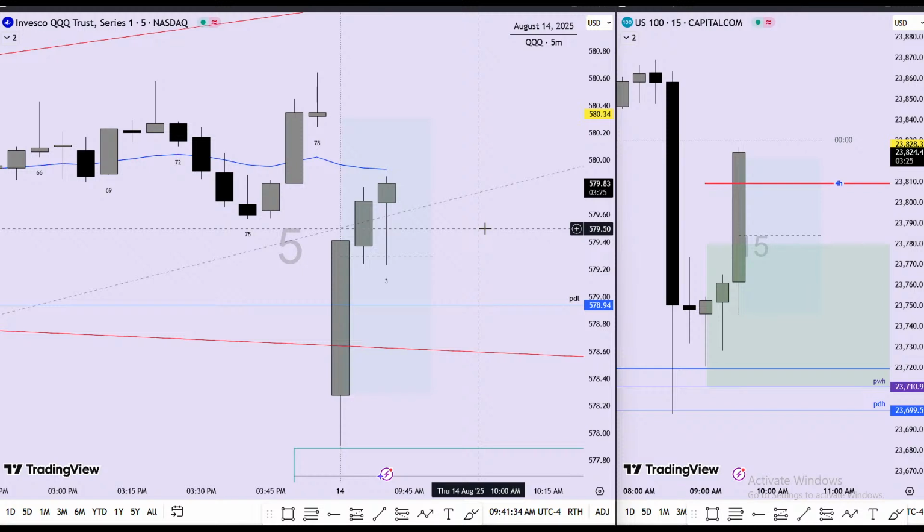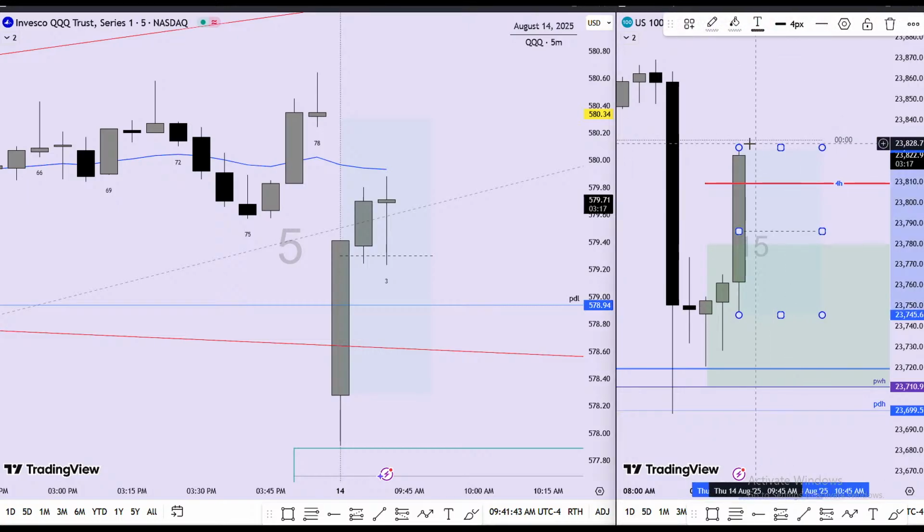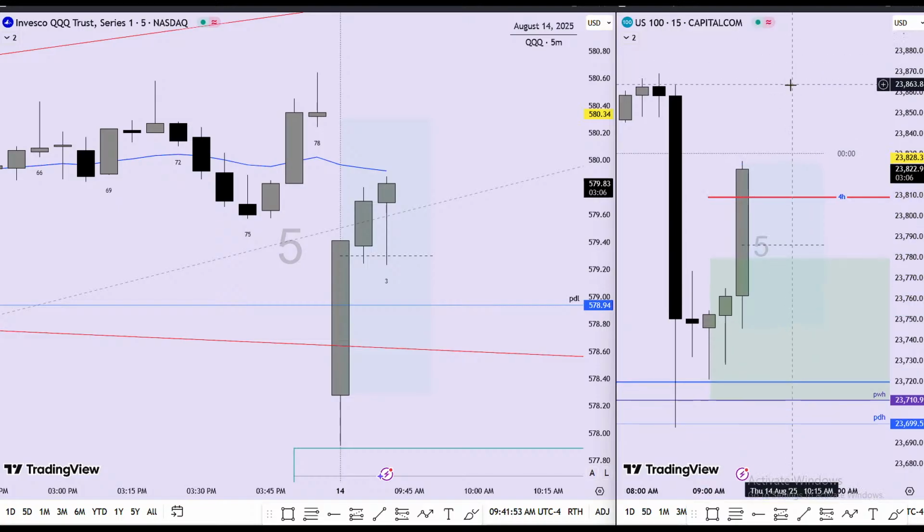These are strong closes. Can front run this 15 minutes range? I can front run it because the target is more likely to get hit, and we have two relatively strong bull bars. I can front run this trade, but I'm not going to.